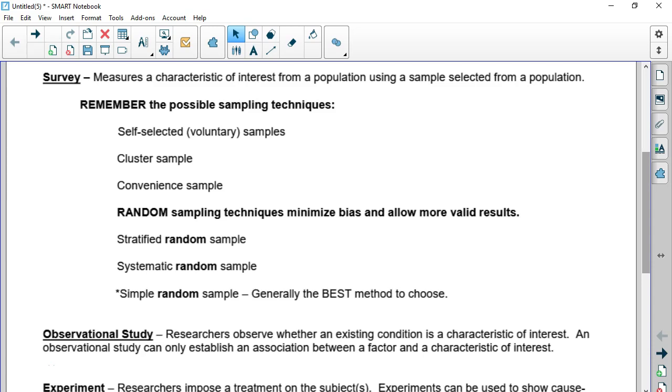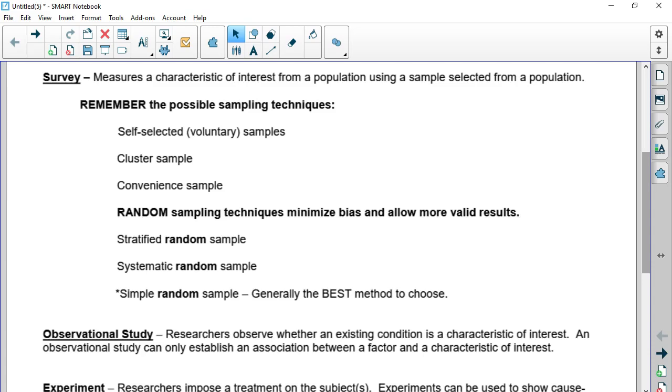Stratified is when you separate into groups like freshmen, sophomores, juniors, seniors, male, female, whatever. If you think about it, for cluster, one class first hour, the next hour, different people in the room, different mixtures. But freshmen, sophomores, juniors, seniors, that's not going to change throughout the day or even throughout the year.